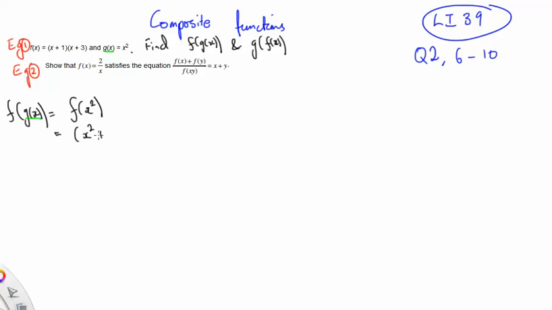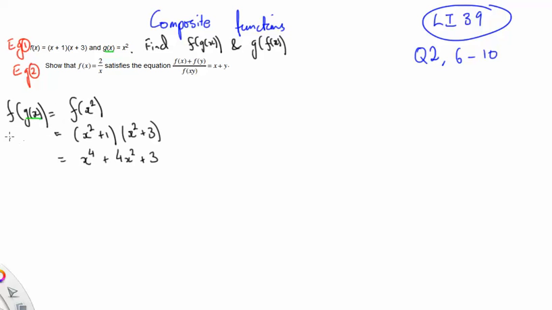So we get x squared plus 1, x squared plus 3. And if you like, we can expand it out to see what it will look like. That gives us x to the power of 4 plus 4x squared plus 3. There we are. So that's f of x squared there, or f of g of x.